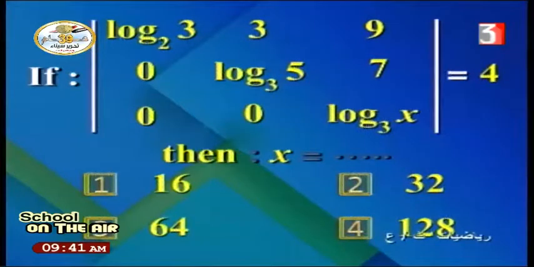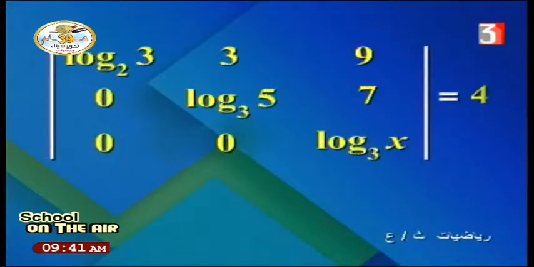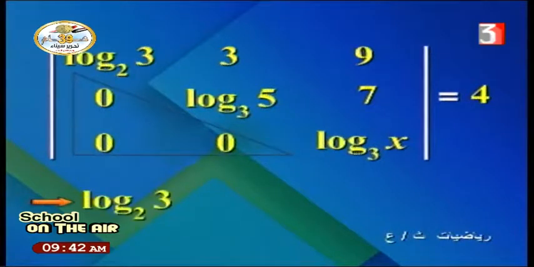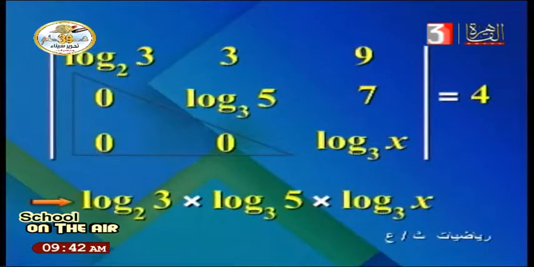This is the value of the determinant on the left hand side. Look at the solution. This value equals log 3 for base 2 times log 5 for base 3 times log x for base 3 equals 4.